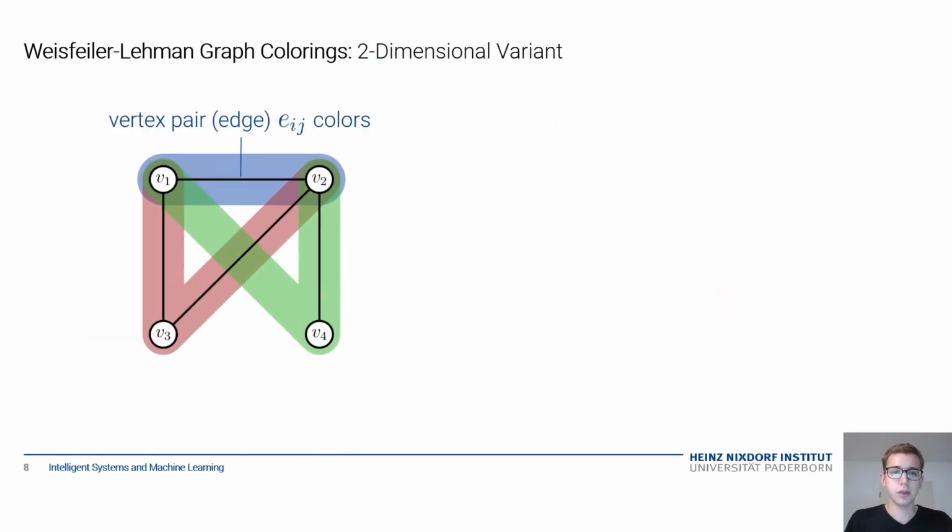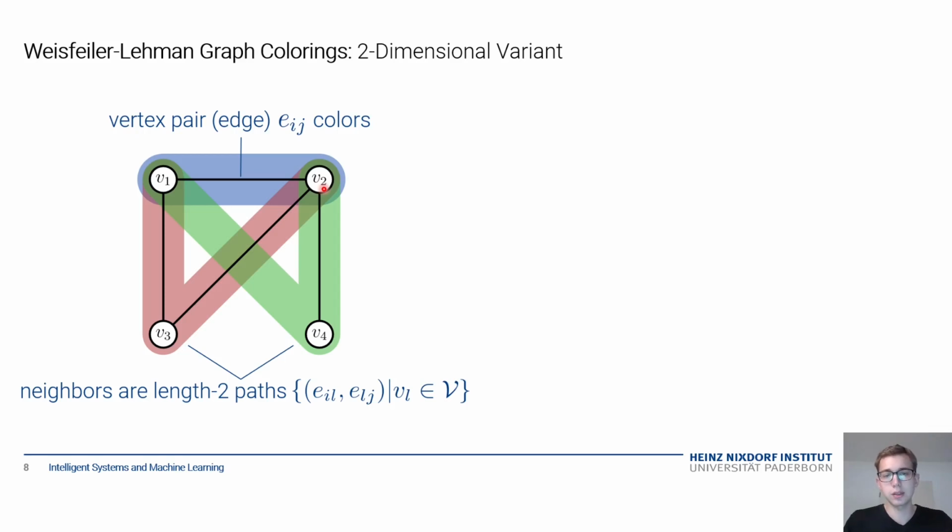As just mentioned, in the two-dimensional coloring scheme, we consider pairs of vertices to which we assign colors. Now, by definition, we say that the neighborhood of such a vertex pair is the set of all length 2 paths between the two vertices of our pair. Now, the fact that we incorporate path information into our neighborhoods turns out to be crucial to exceed the limitations of the one-dimensional coloring scheme.